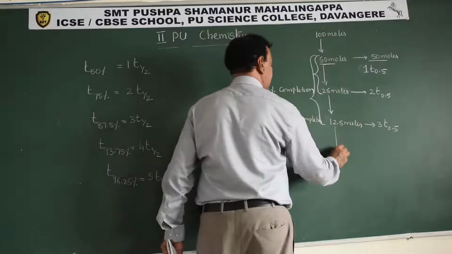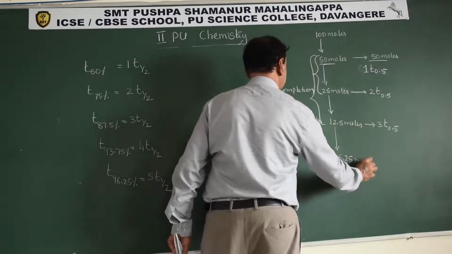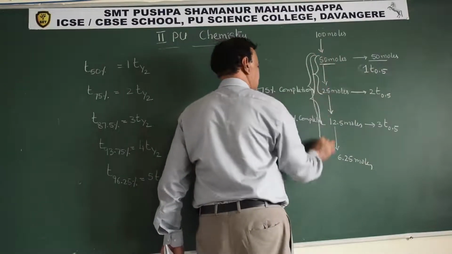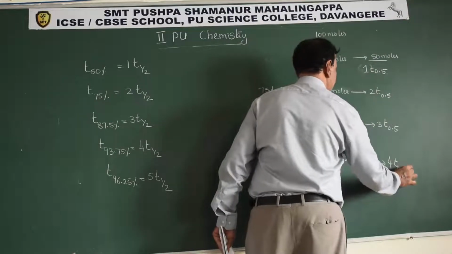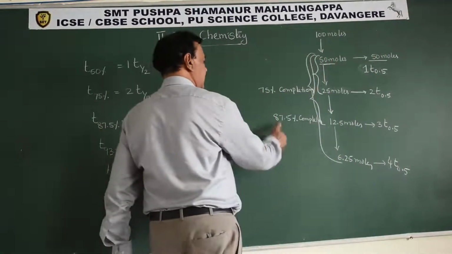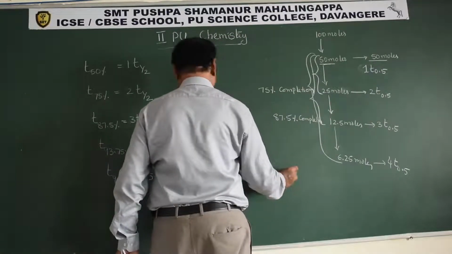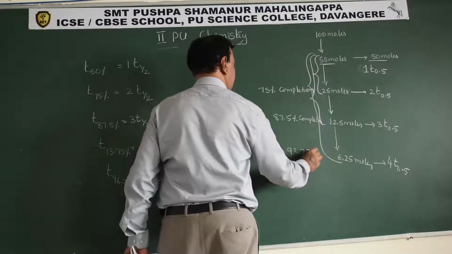Again half of this value, 6.25 moles left. This is the fourth half-life period. 87.5 plus 6.25 is 93.75% completion.